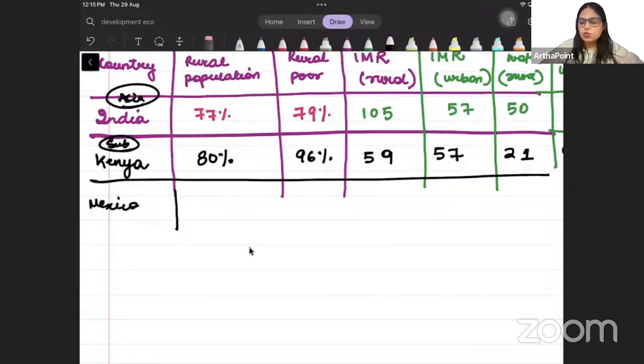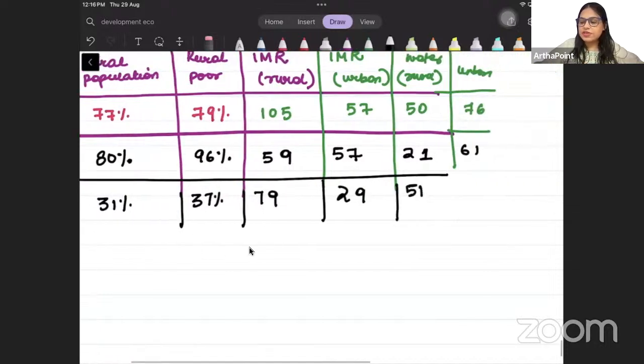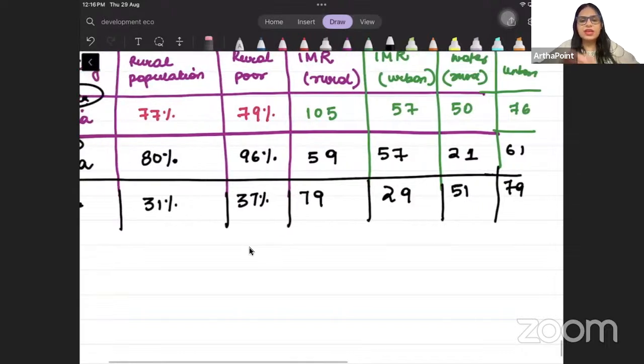In Mexico, 31% of people live in rural areas, and out of that, 37% are poor. The infant mortality rate is 79 in the rural area and 29 in the urban area. 51% of people have access to clean drinking water in rural areas, and 79% in urban areas. So we have given one example of each.